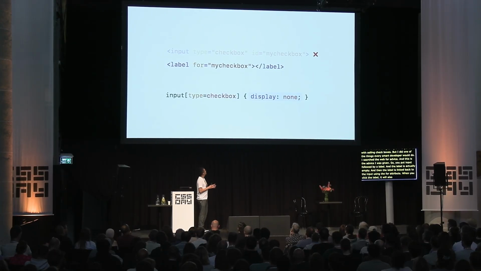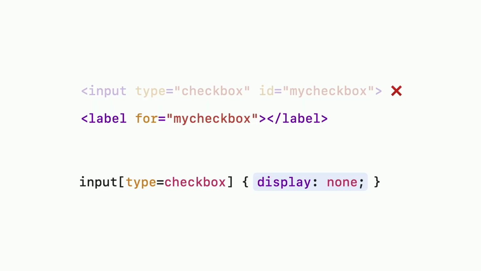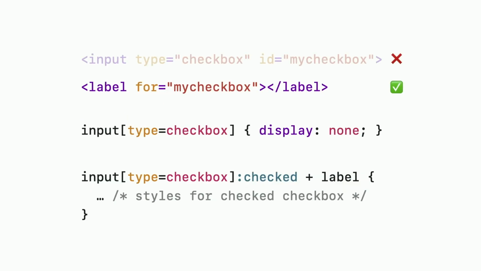But then the advice is to apply display none onto the checkbox. So it's getting weird. And then you have selectors like these to style the checkbox. And this means style the label next to my checkbox when my checkbox is checked.